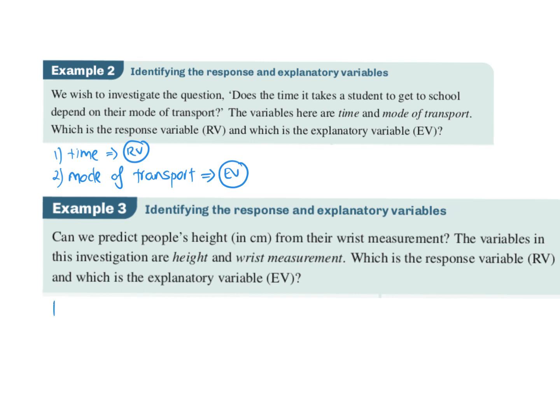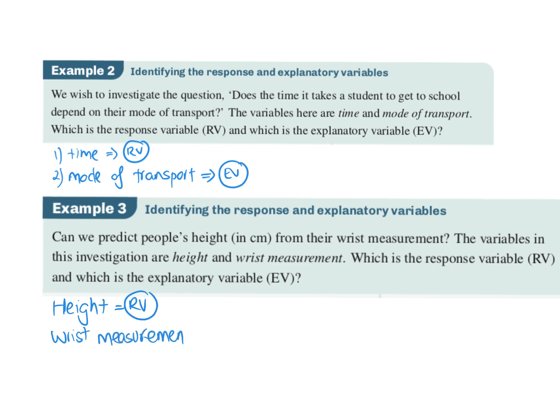We've got to look, they said we want to predict people's height. So what's height going to be then? Predict. So it's going to be the response. Good. See how they said we want to predict people's height. If we're predicting, that's the response, and then the wrist measurement is the explanatory.